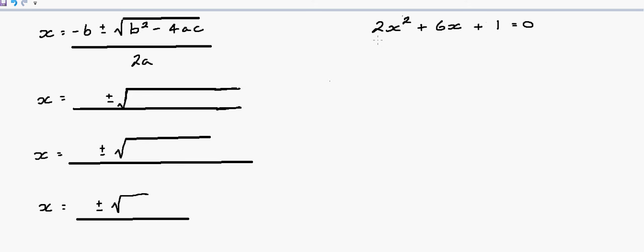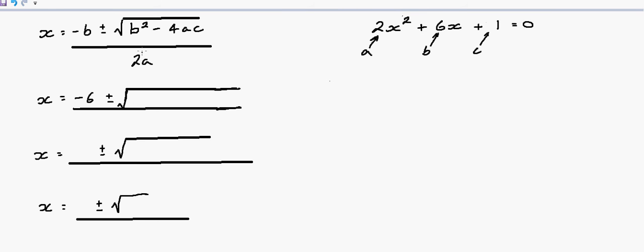So I've given myself 2x squared. What we're going to do now is exactly the same as we did before. So a is 2, b is 6, c is 1. So I just substitute in the values. So b is 6, but it says minus b, so that's minus 6.